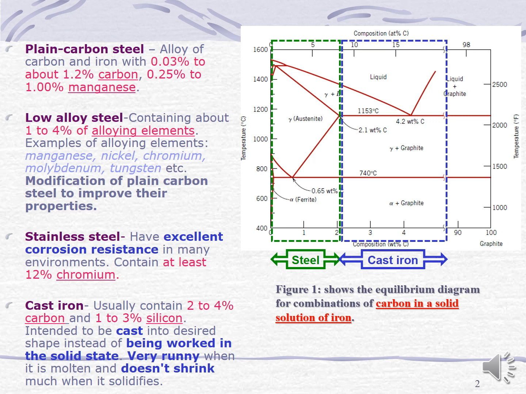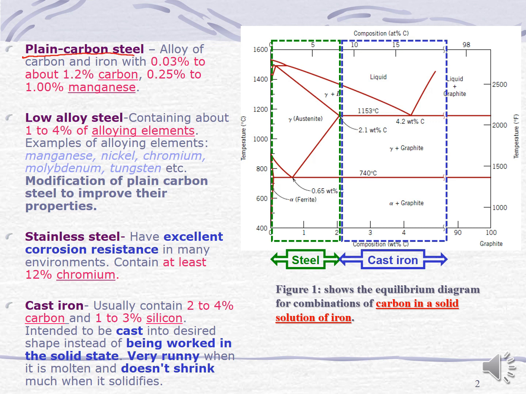In this subtopic, in this chapter, you need to know the definition of some of the types of steel. The first one is plain carbon steel.